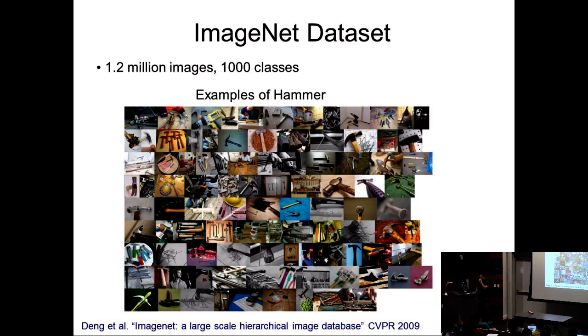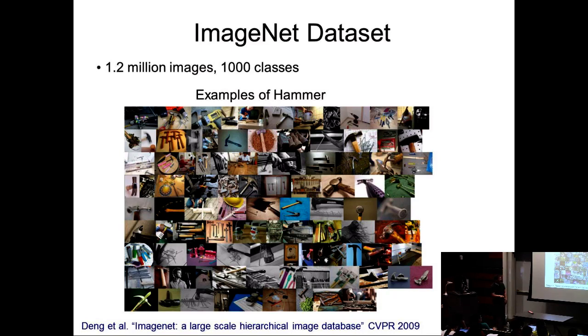Now, let's look at the ImageNet data set. This was created back in 2009. You have about 1.2 million images and about 1,000 classes. Here you're looking at examples of a hammer. You can see the diversity of all the different examples of a hammer. Like this is a hammer.